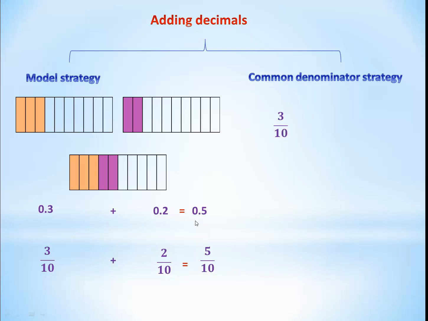3 tenths plus 2 tenths equals 5 tenths. With common denominator, we have denominator 10 and add the numerators, 3 plus 2 equals 5, so 5 tenths. 30 over 100 plus 2 over 10. Okay, we can't add if we have different denominators.